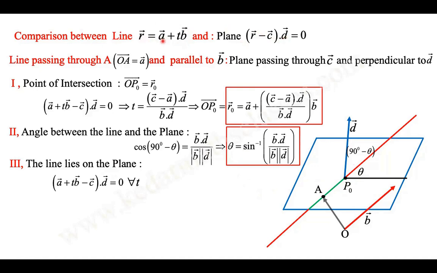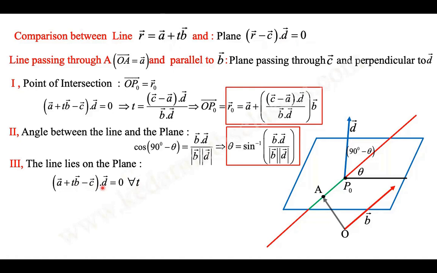Means when you substitute R equals A plus TB in place of R, this condition must be fulfilled for each real value of T. That is the same as A plus TB minus C dot D must be equal to 0 for each T.